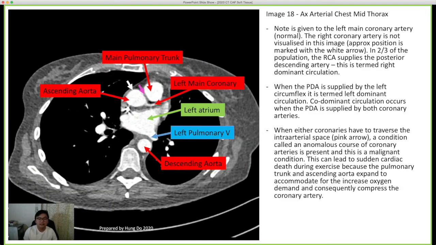Alright, this is a very common cardiac position because we can see the left main coronary artery origin there. The white arrow often is the position of the right main coronary. The left and right coronary arteries can appear above or below or in a different position off the aorta.